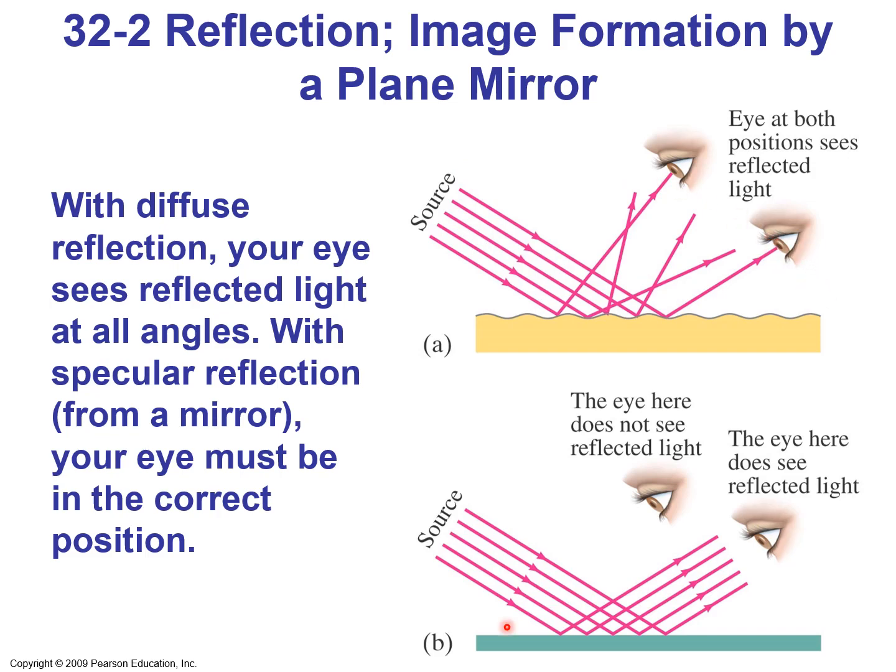For a specular reflection off a mirror, a bunch of rays of light are reflected off the surface and go in only one direction, forming an image only at a particular location where our eyes should be placed.